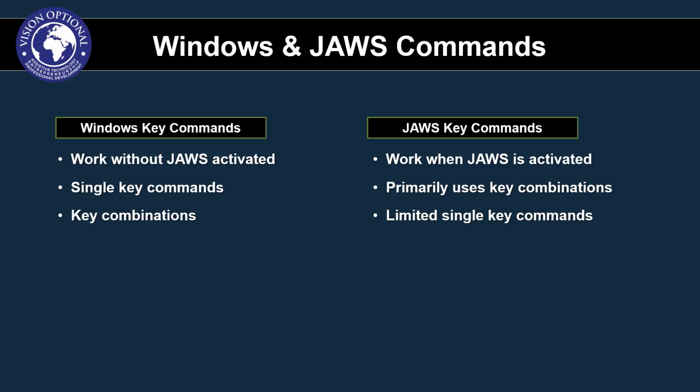JAWS key commands are primarily key combinations that involve the JAWS modifier key, but also implement some single key commands as well. So the main difference to pay attention to here is that Windows key commands can be used whether or not JAWS is active, and that means that anyone can use them. But JAWS key commands are specific to the JAWS software, and that means that screen reader users have access to them. Why would this be important?